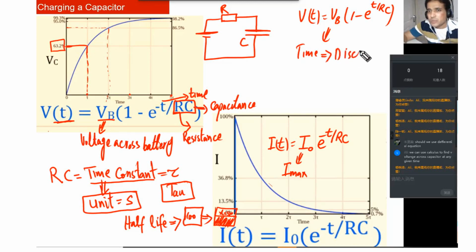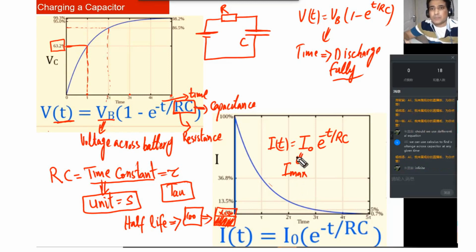Time taken to discharge completely, or we can say fully discharged. How long will it take to discharge fully?